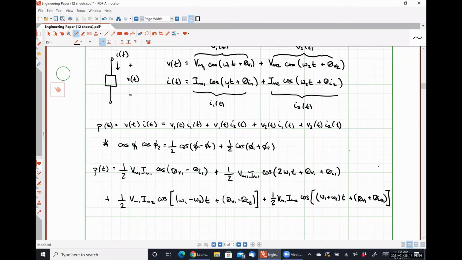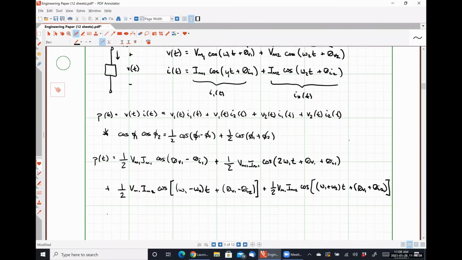All right, so now let's look at the V2 times I1 term. So that's going to be Vm2 Im1 cosine.